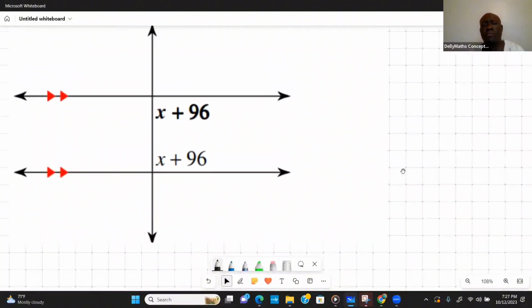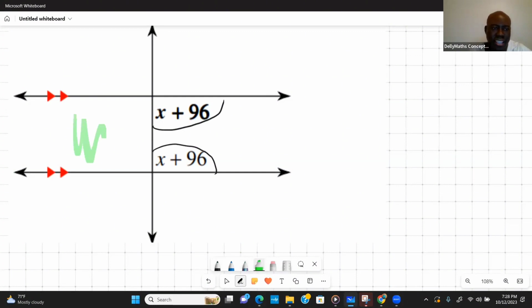Now for this problem, we're going to try to find the value of the angle in bold. So this angle here is bold, and we're not just going to find the x, we're going to try to solve for that angle. Let's take a closer look at what's going on. We're noticing that this angle and this angle are actually between the parallel lines.